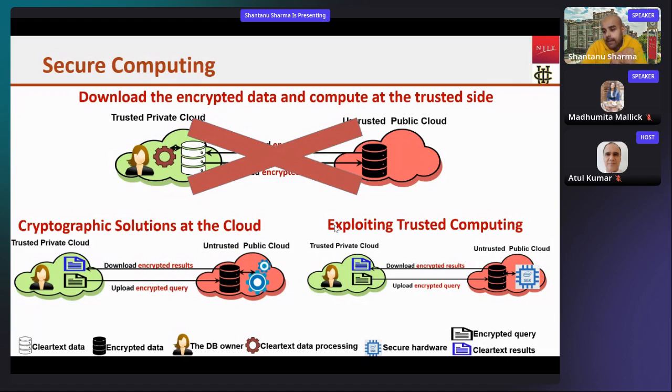In the case of SGX, it reads the encrypted data, decrypts it inside Intel SGX, and then executes the query after also decrypting the query.